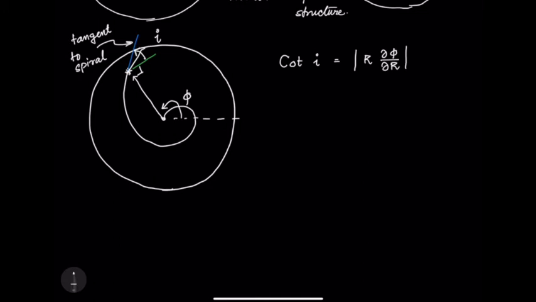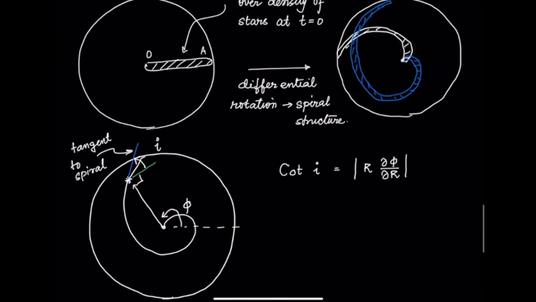Now, in this model, how is the spiral structure created? Because of differential rotation, right?